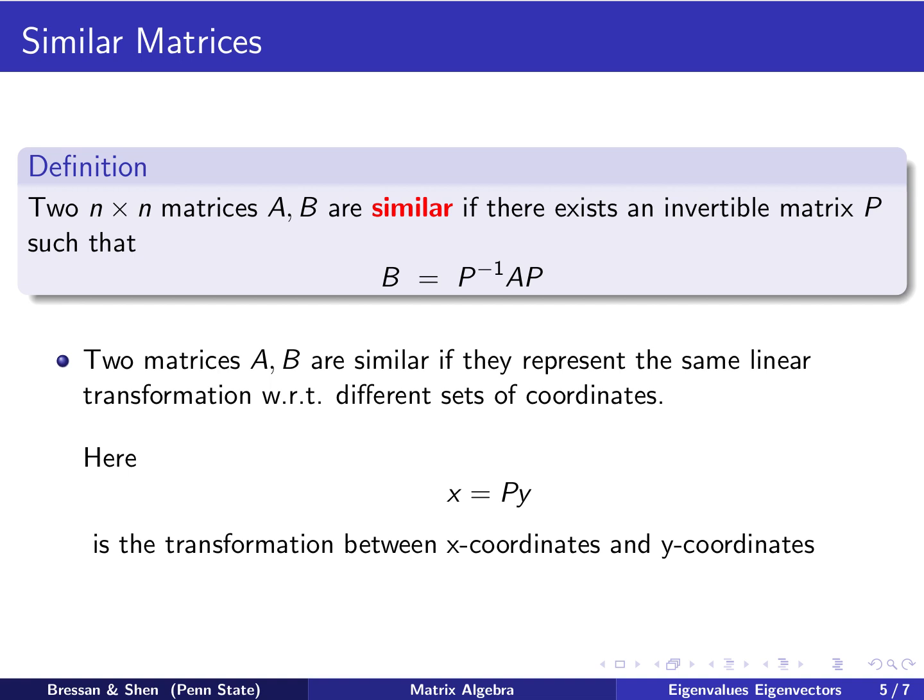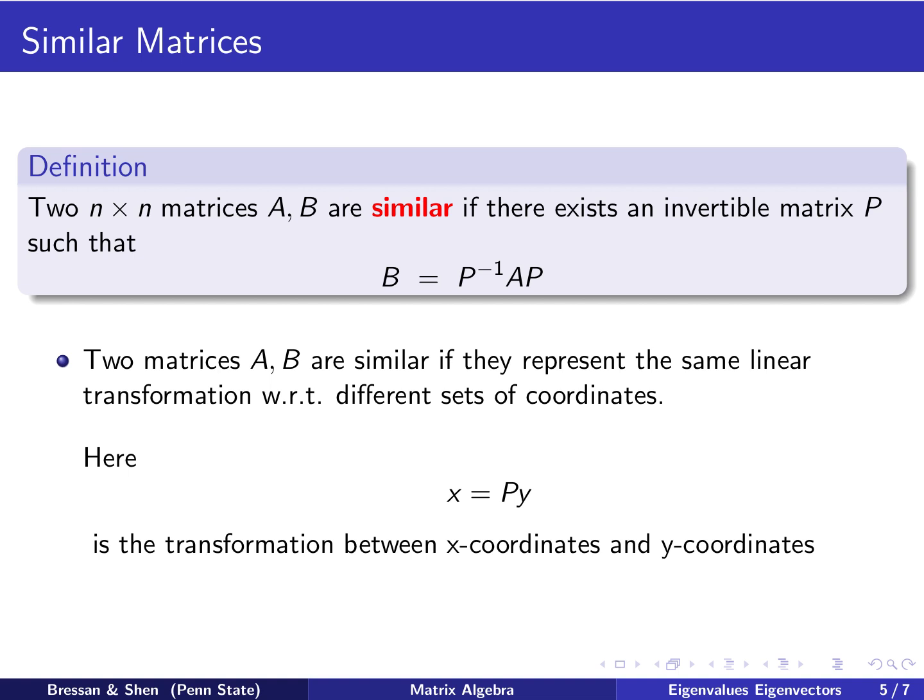So now let's recall our discussion on coordinate changes. We recognize that this definition states the following. Two matrices are similar if they represent actually the same linear transformation, but with respect to two different sets of coordinates.